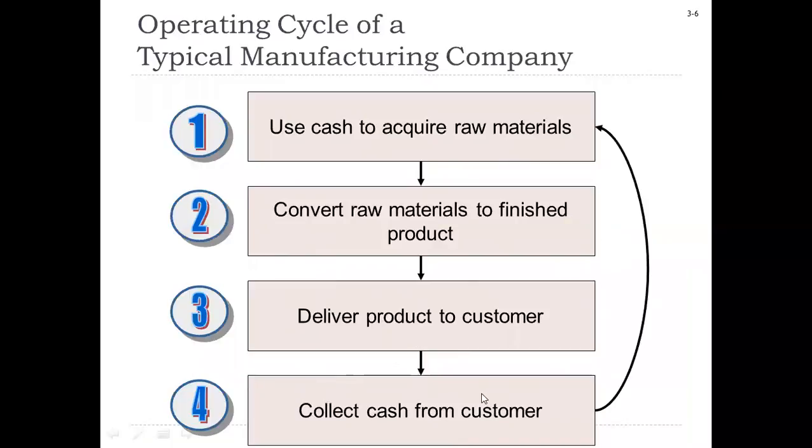There are some companies where the time between acquiring raw materials, manufacturing the product, selling it and collecting cash is longer than a year. That's a very rare case though. So most of the time, the definition of current asset is less than a year.